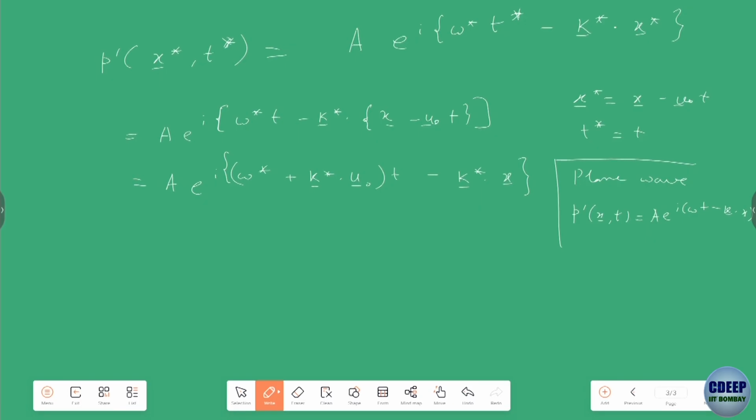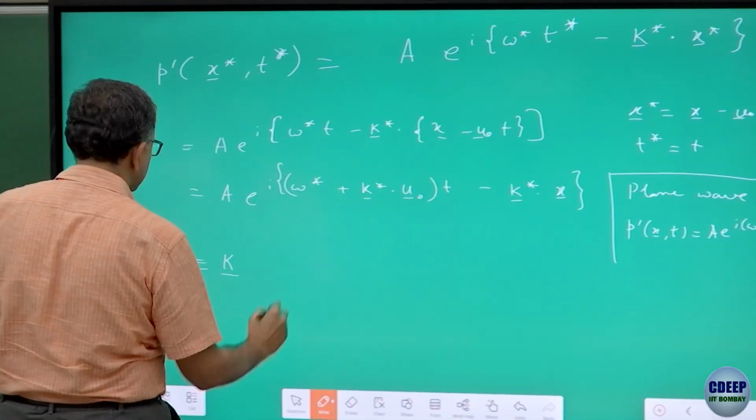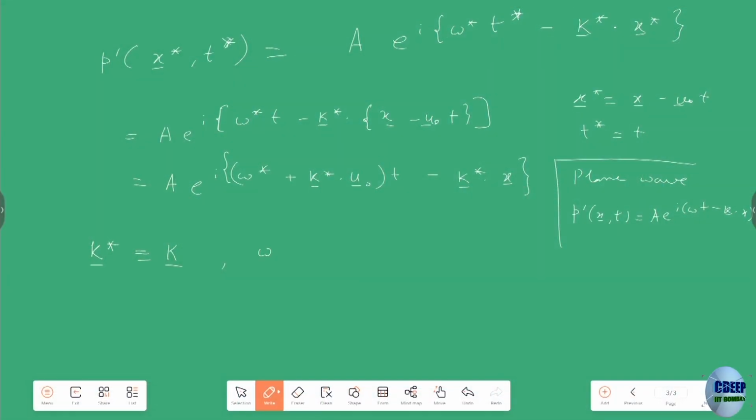So comparing these two, we can say that kappa star is just kappa, right? So in the lab frame, that is in the x t frame, the wave number vector appears the same. Okay? There is no change in the wave number vector because of the motion of the medium, but your omega is omega star plus kappa star dot u naught.